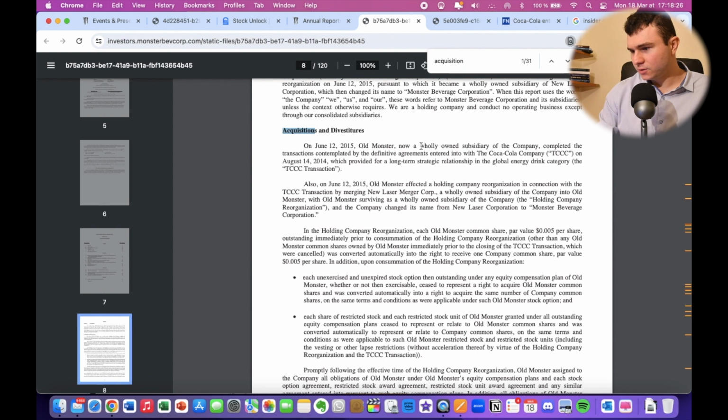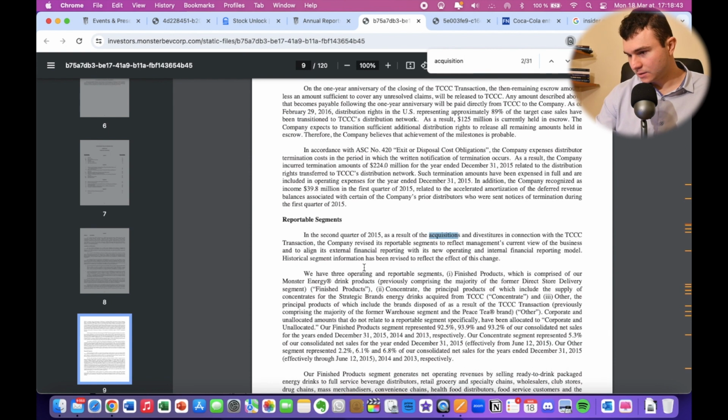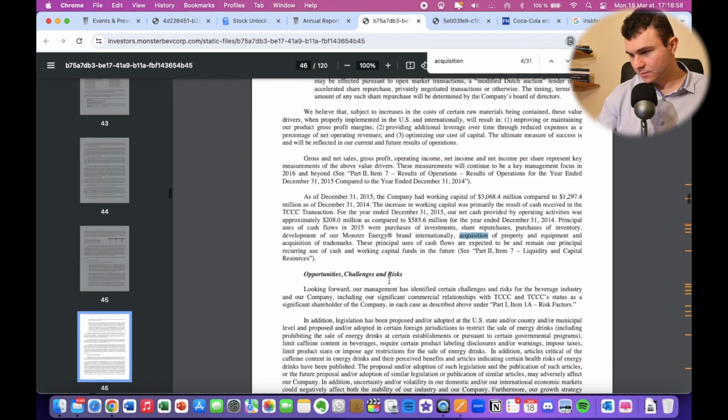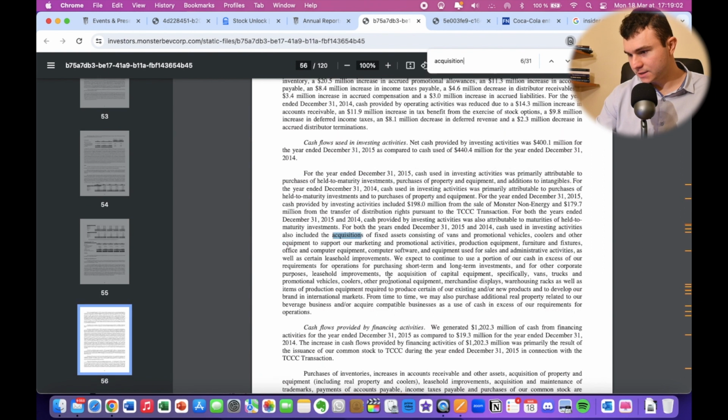Okay, Old Monster, now a wholly owned subsidiary of the company, completed the transaction with Coca-Cola. Long-term strategic relationship. Acquisition. Property, plant, equipment, trademarks.